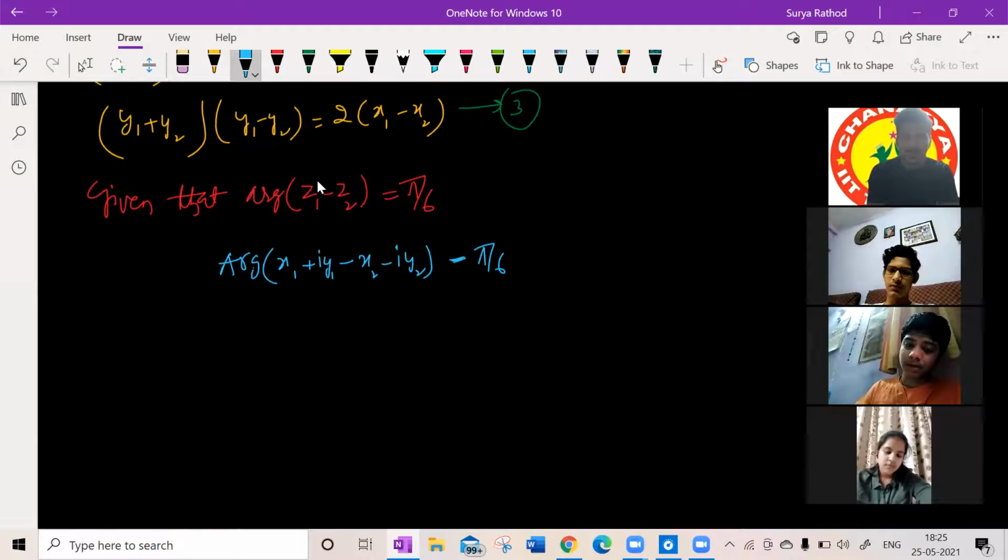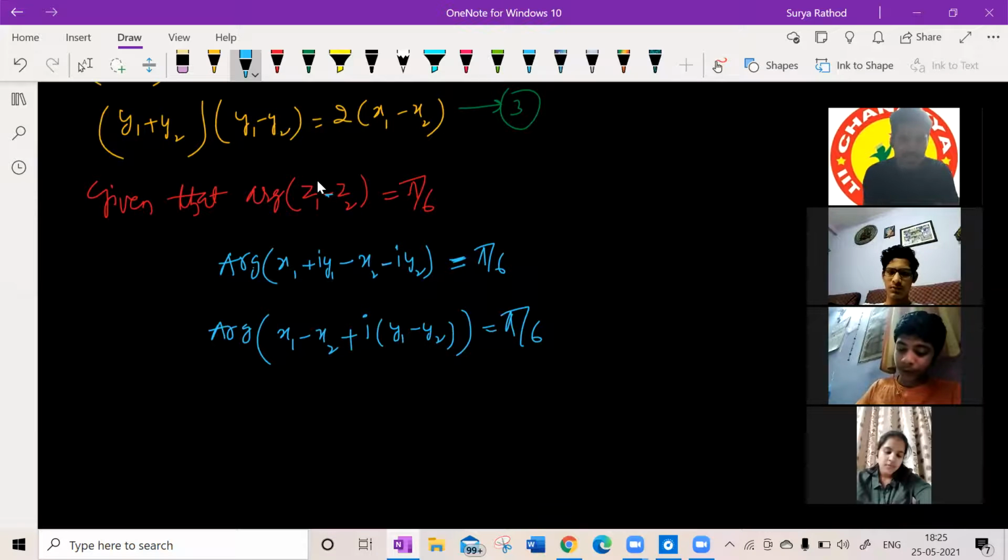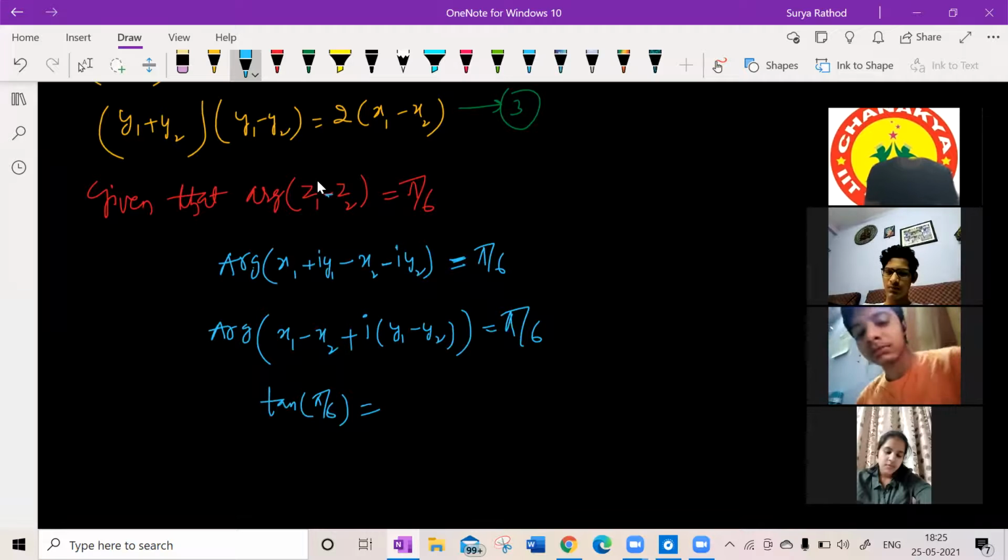So here I just multiplied with minus, so I got minus here. So the argument of x1 minus x2, let me write the real and imaginary parts together. So what am I going to get here? The argument of a complex number means tan theta, right? Tan theta is pi by 6. Tan theta is equal to the imaginary part of the complex number divided by the real part.